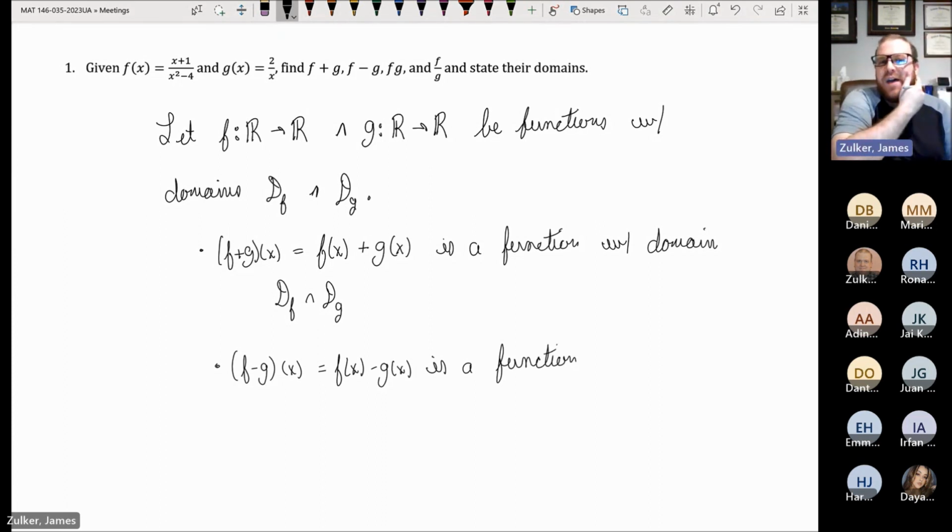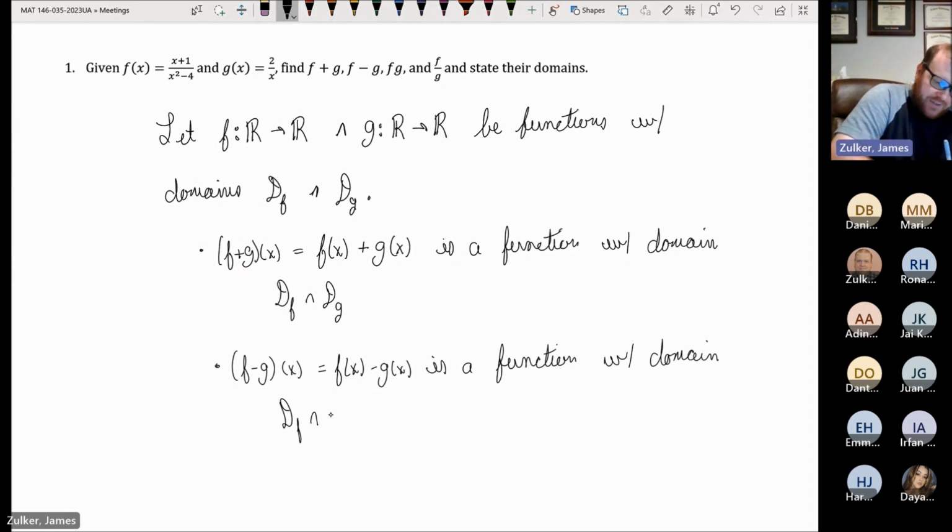F minus g of x is defined as f of x minus g of x. It is also a function. And it has domain as the intersection of the domains.